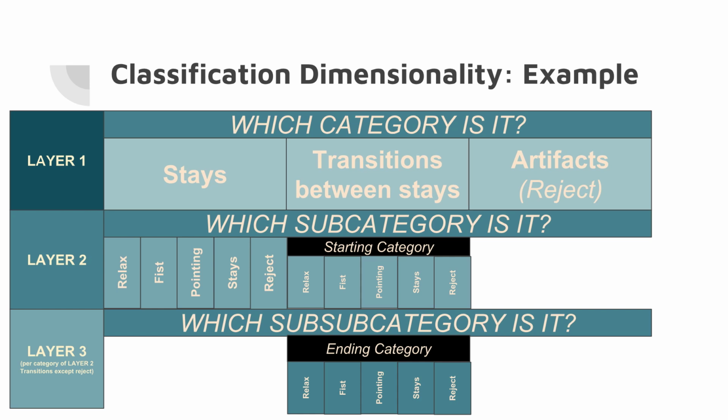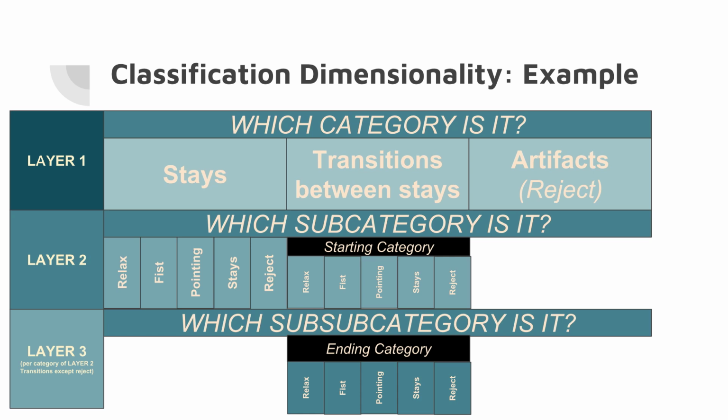And then there are reject classes. The stays are the categories of the classes where you are staying in that position, and the transitions are when you are changing from one state into another. Because we have these 4 different states, and they each go to 4 other different states, we have on the order of 16 different classes, not including the reject class, that you now need to classify.